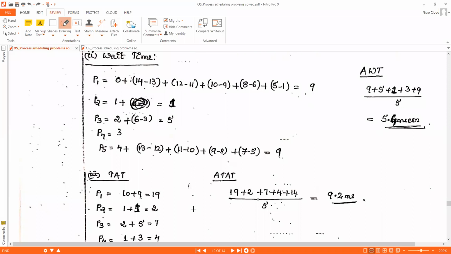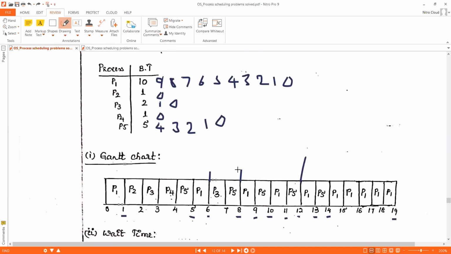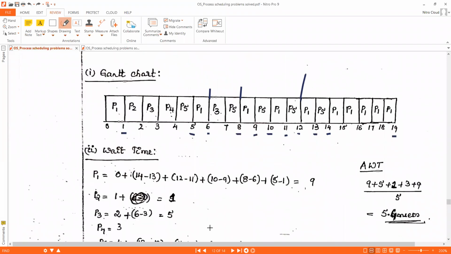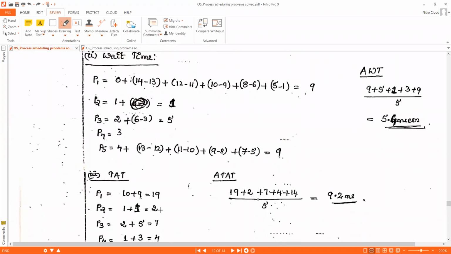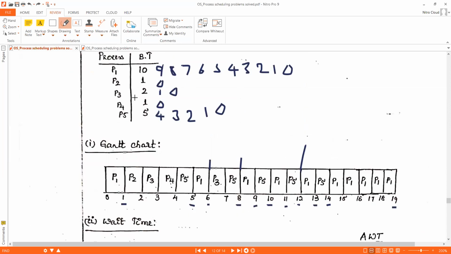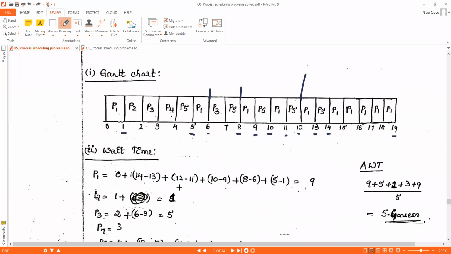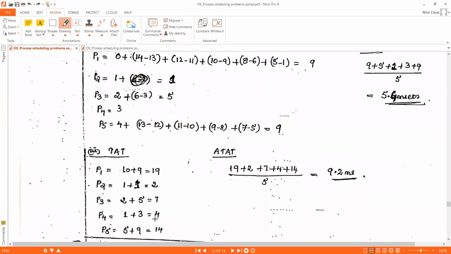Next, process 2's burst time is 1 millisecond and its waiting time is 1 millisecond, so 1 plus 1 is 2 milliseconds. Next, process 3's burst time is 2 milliseconds and its waiting time is 5 milliseconds. 2 plus 5 is 7 milliseconds, the turnaround time for process 3.